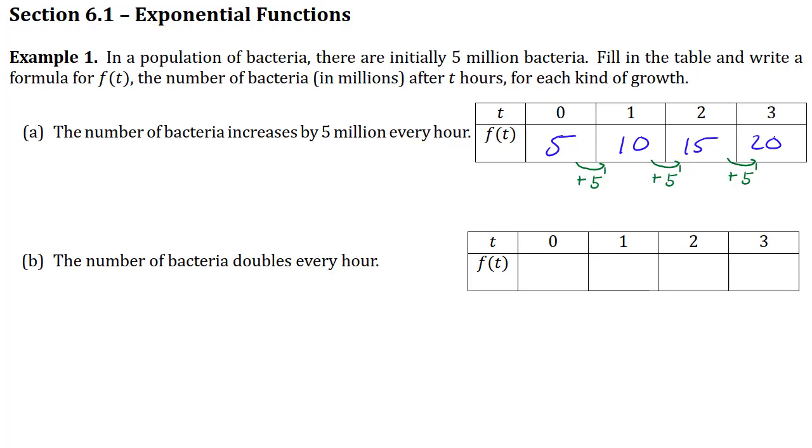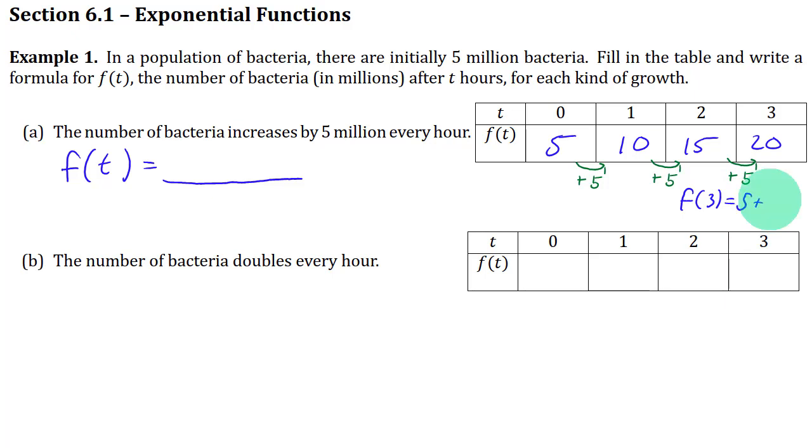And how do you get a formula for this? Like f of t equals what? Well, this is linear because it's going up by the same amount every time. So for example, if you wanted to plug in t equals 3, the way you would get f of 3, to calculate that 20, is you'd say we're starting at 5 and then increasing by 5 3 times.